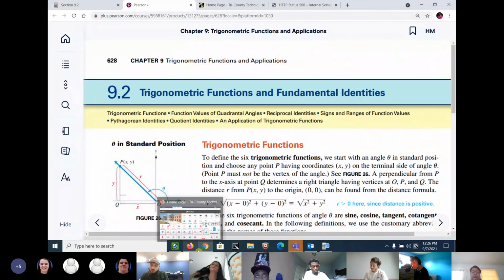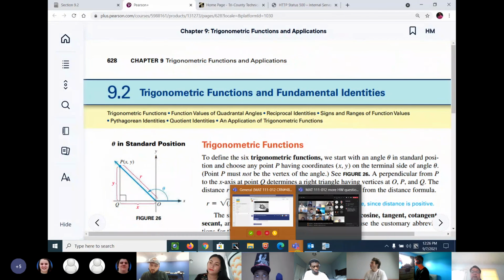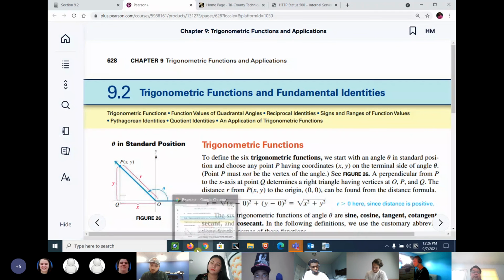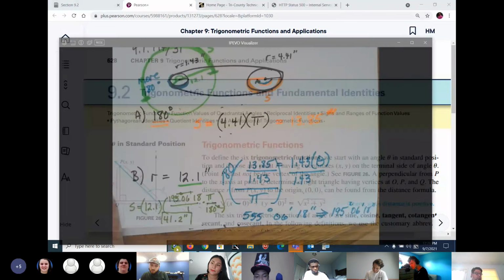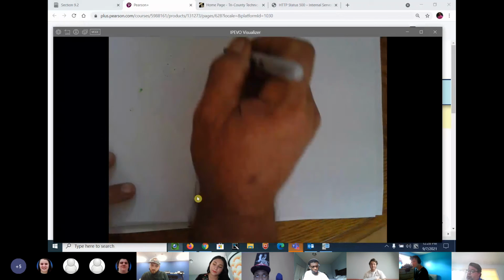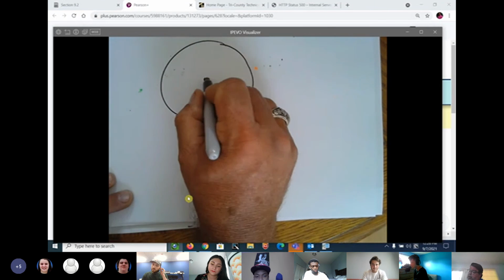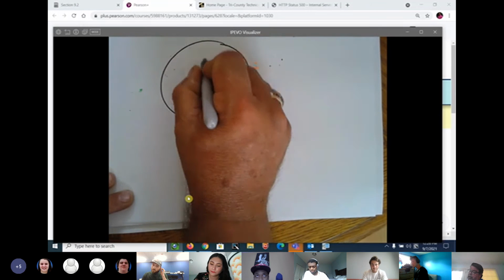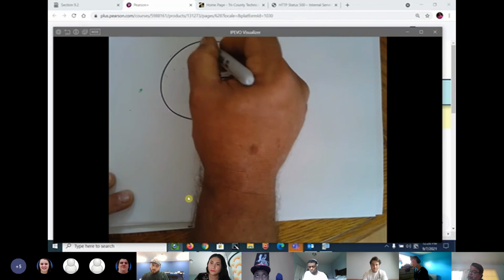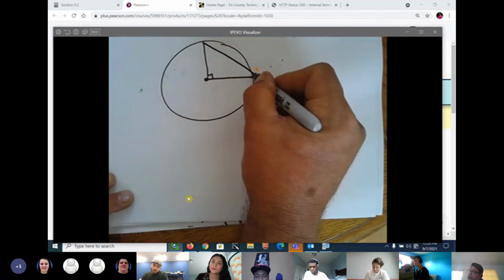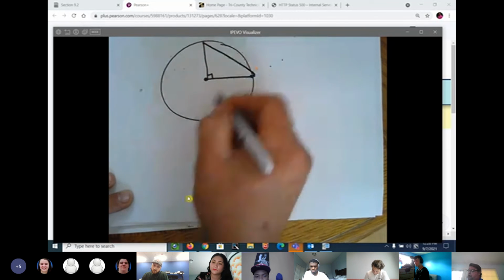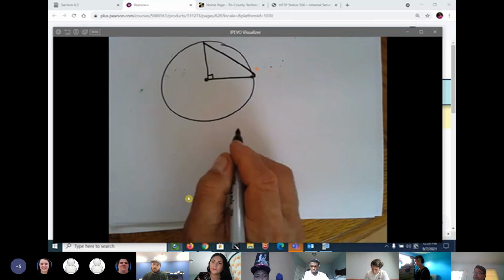And when it's based on the circle, you're going to have the Pythagorean theorem. So here's a circle. There's a radius here and a radius there at 90 degrees, and you're talking about a right triangle.